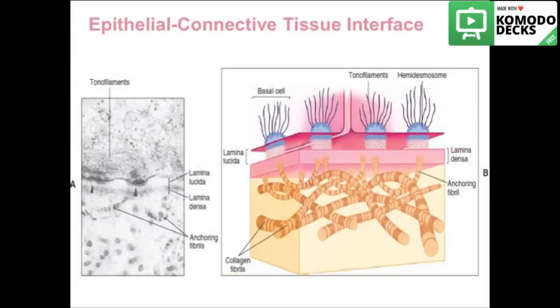The epithelial connective tissue interface can be ultrastructurally divided into two layers, a lamina lucida and a lamina densa. This basement membrane has characteristic hemidesmosomes that connect the basal cells with the connective tissue underneath.